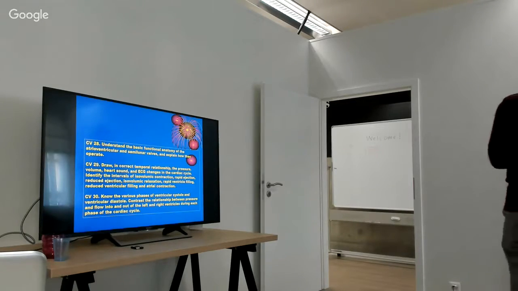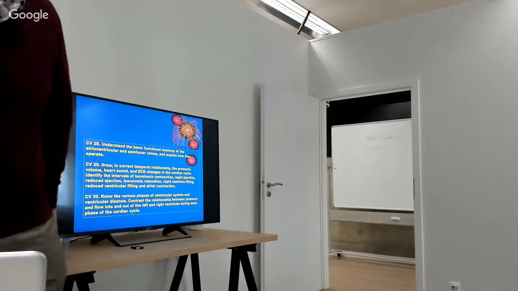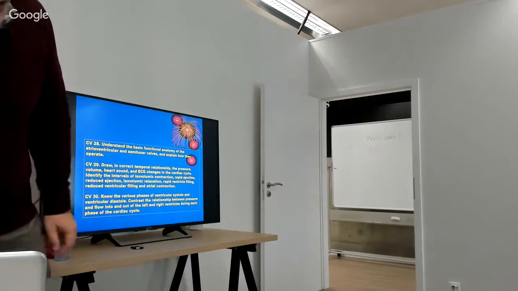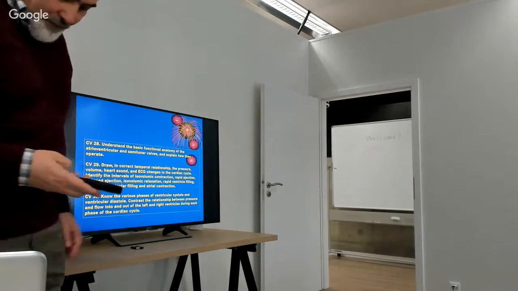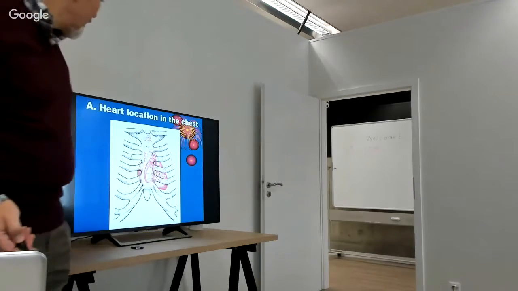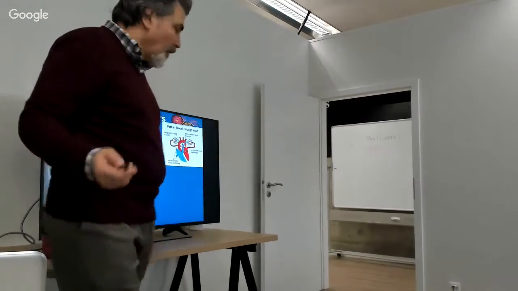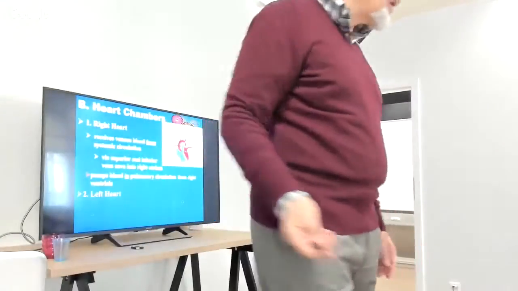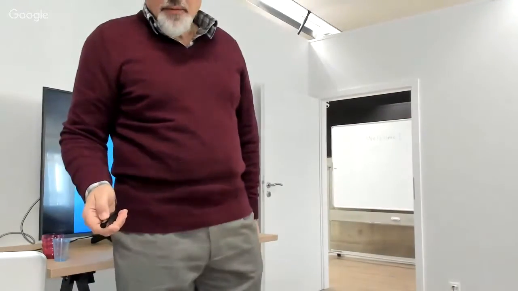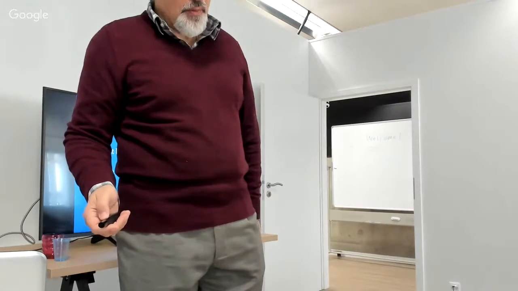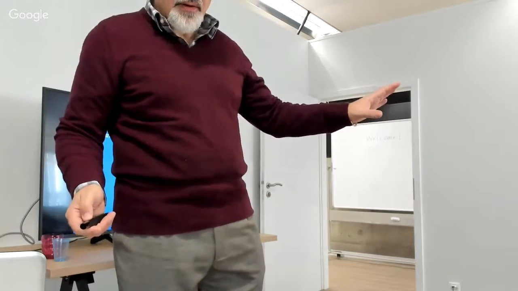Okay. Let's go forward. Maybe I would say the cardiovascular organization of the system and so on. If you need, I can stop at something. If you see something and ask, can you explain again this graphic?